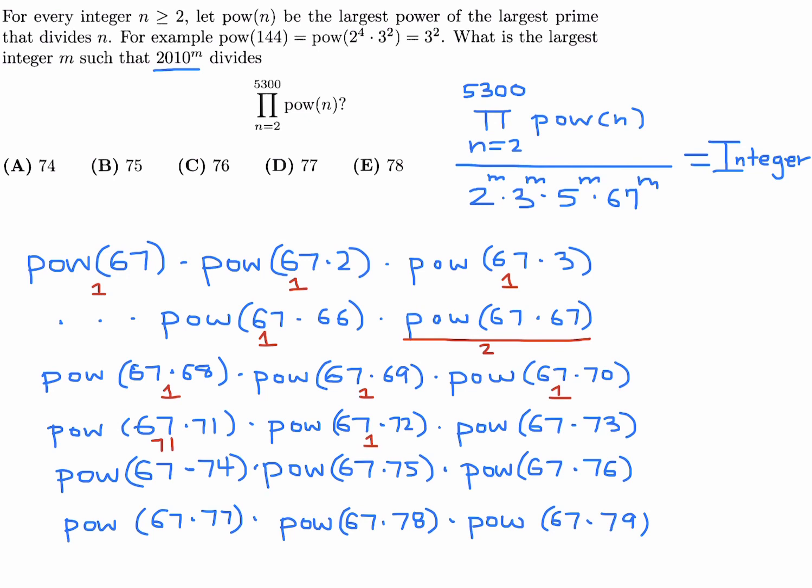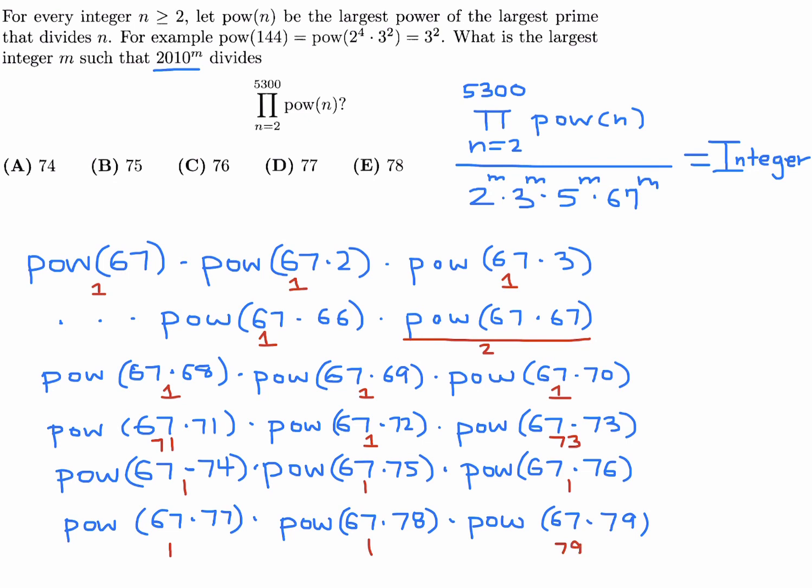And then this one will give you 1 because 72 is not prime, but 73 is a prime. So the pow of that will give you 73. This one will give you 1. This one will give you 1. 76 will also give you 1. 1, 1, and this one, 79, is a prime, so this one will give you 79.